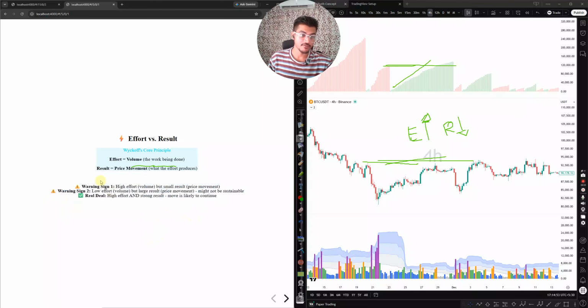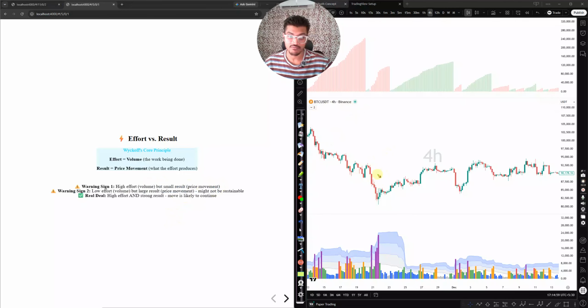Warning sign one is high effort but small result in price movement. See, this is what I'm teaching you guys. High effort is indeed very strong, but what about the result? The result is a bit less than this. If this volume is more than that, then why aren't we seeing the result?